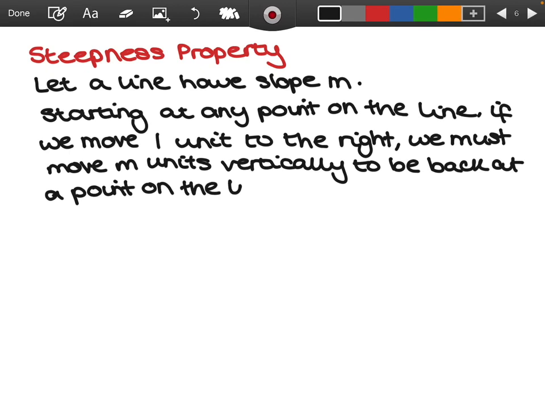So as I said, if m is positive, you move up. If m is negative, you move down.